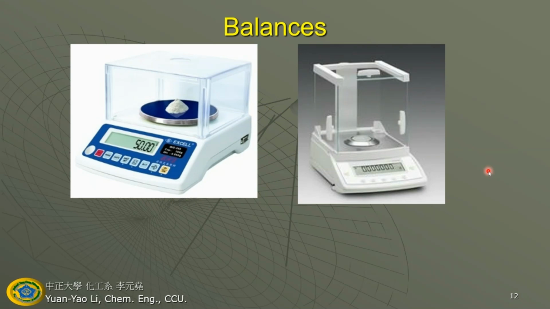Let me make an example for you again. So if you have 2 balances, and student A uses this balance, student B uses this balance. Student A puts sample A, and he gets 45.31 gram.